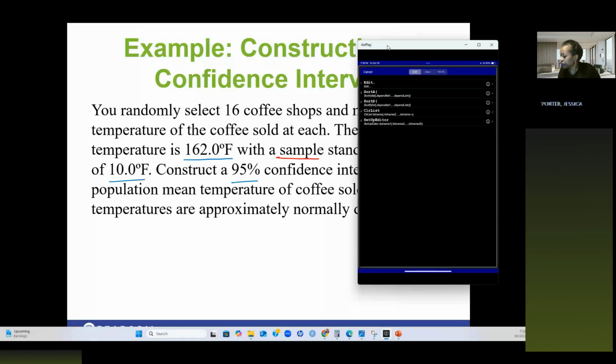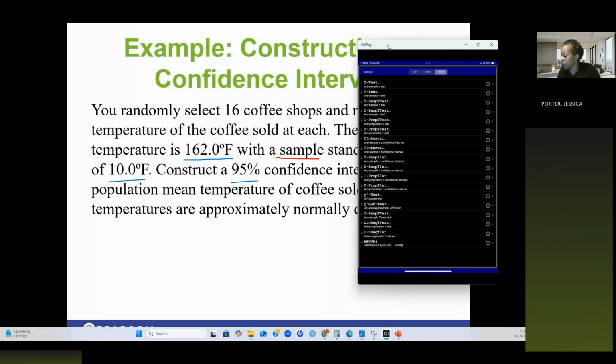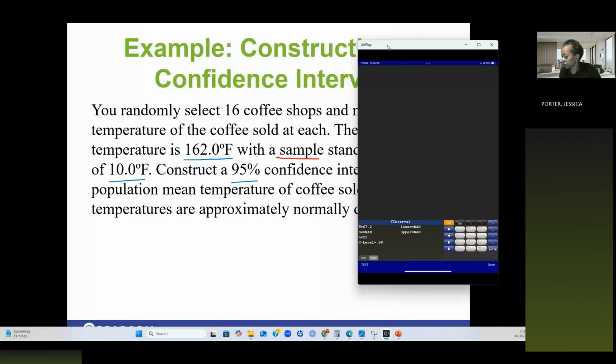Stat, tests, and we're going to go to T interval, and that is option 8. Then you're going to put in your information from the problem. X bar is 162. The standard deviation was 10. N, in this case, was 16.